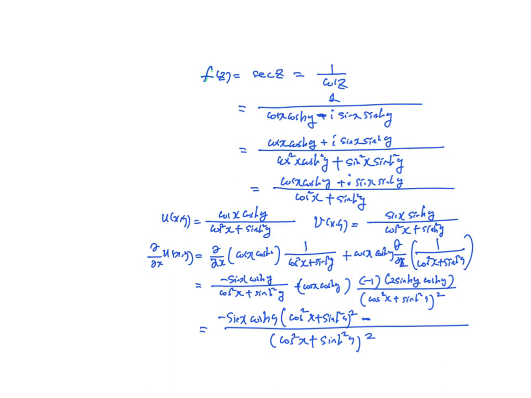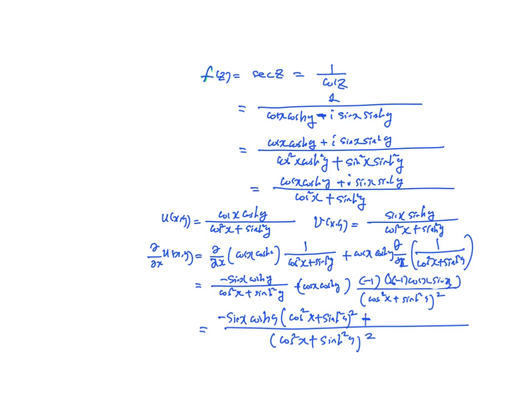Sorry about that. So I did everything wrong. Minus twice over cosine x sine x, right?